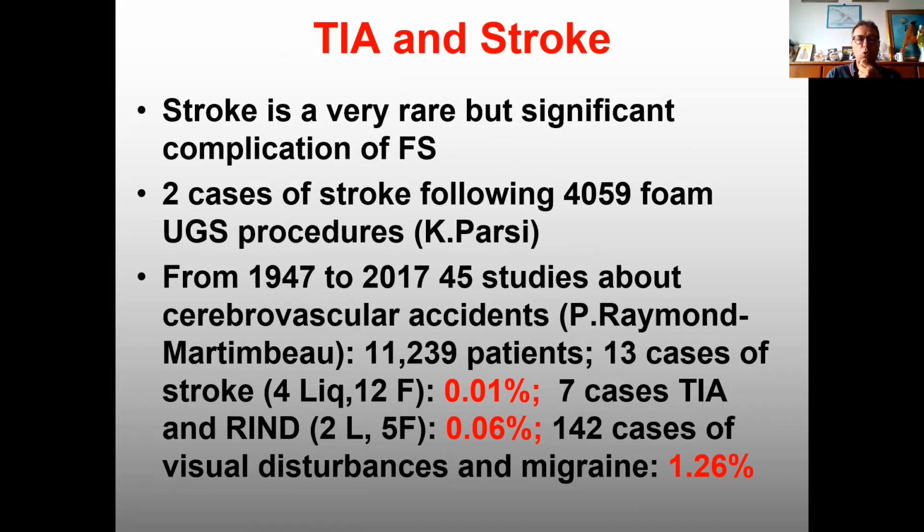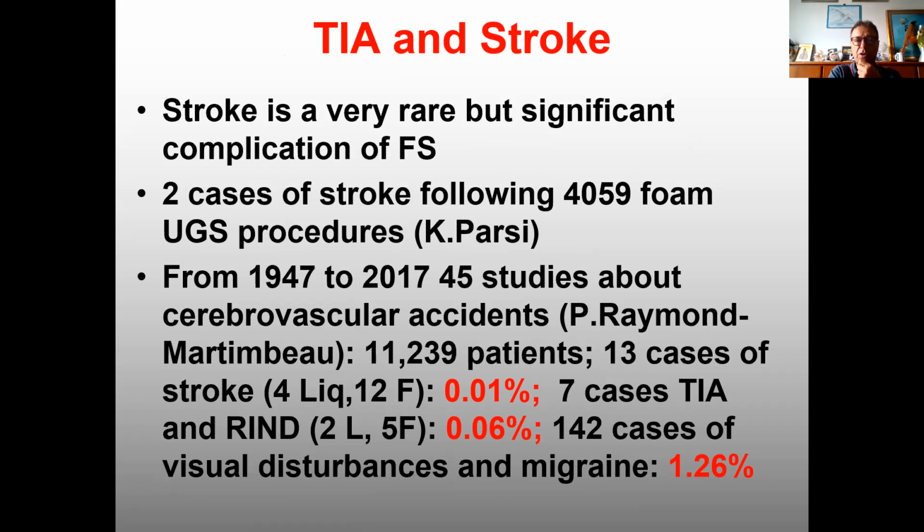When we move to TIA and stroke, though they are quite rare, they are of course of important clinical relevance. So, for example, you see sparsely 2 cases out of 4,059 foam procedures.